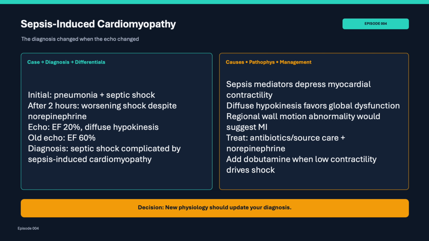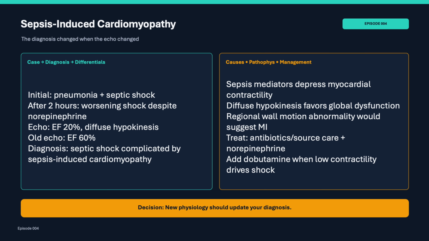The purpose is not simply to increase the number on the ejection fraction. The goal is to improve forward flow and tissue perfusion when reduced contractility is contributing to shock. In our case, the ejection fraction later improved from 20% to approximately 55%.